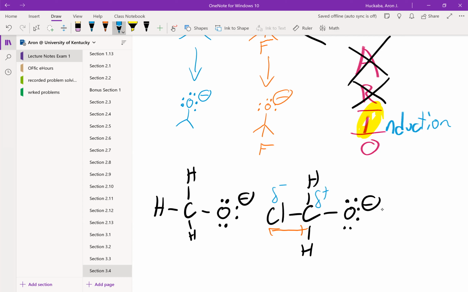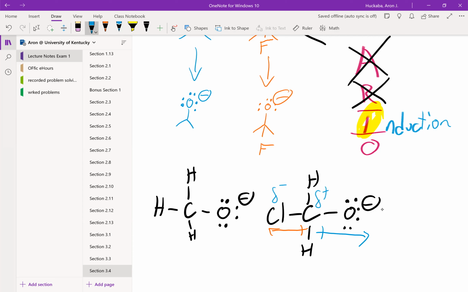Now, when that happens, the partial positive on the carbon is actually going to stabilize the fully negative charge on the oxygen.